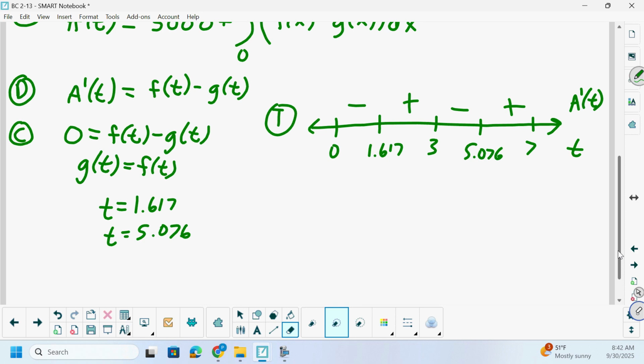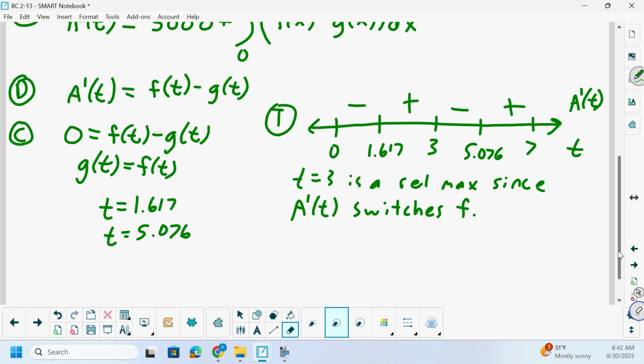So we were looking for a maximum. So on our number line, we're looking for positive to negative. So we would have t equals 3 is a relative max since A prime of t switches from positive to negative.